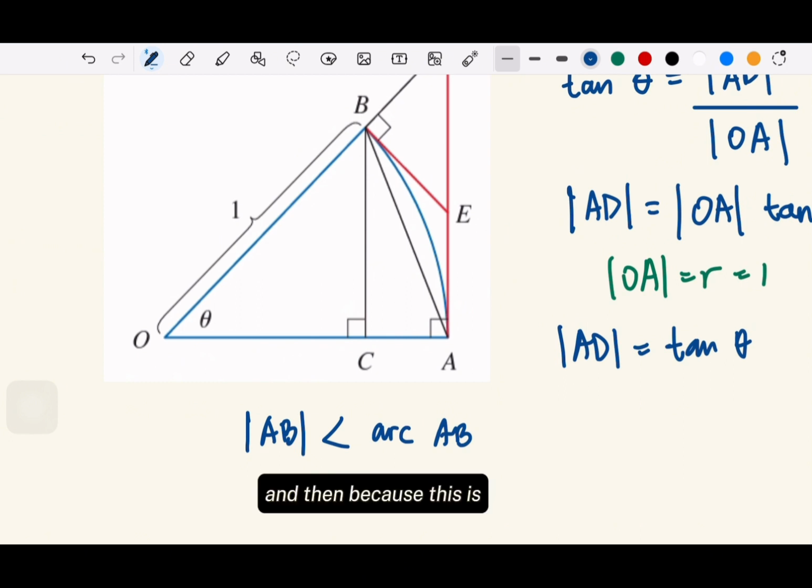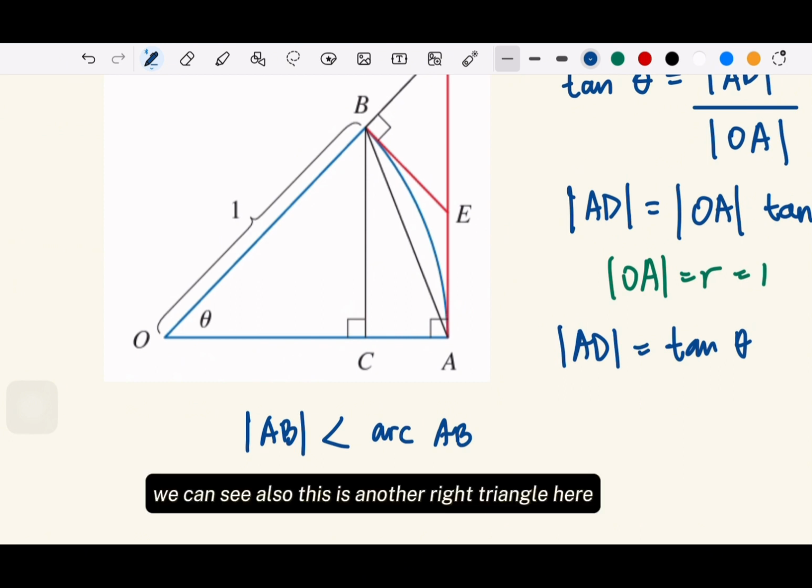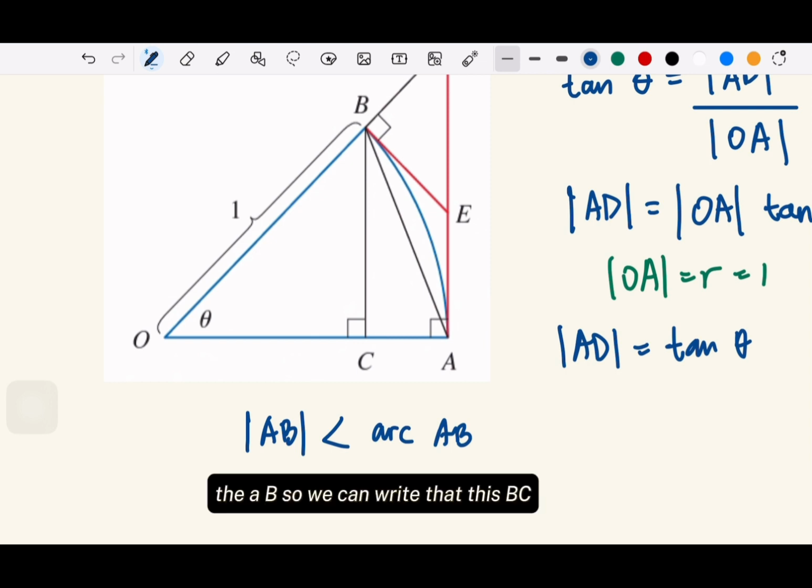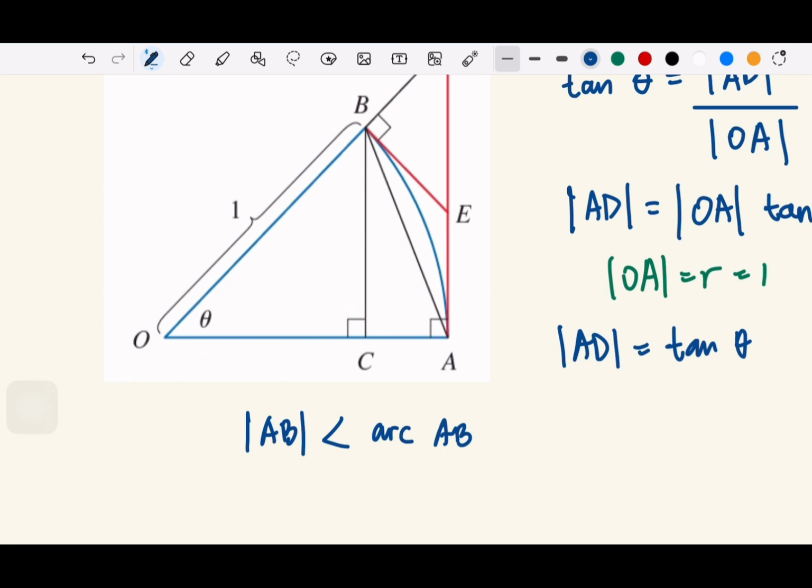And you can see this is another right triangle, so we know that BC is less than the hypotenuse AB. So we can write that this BC is less.